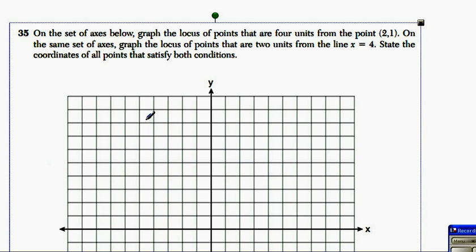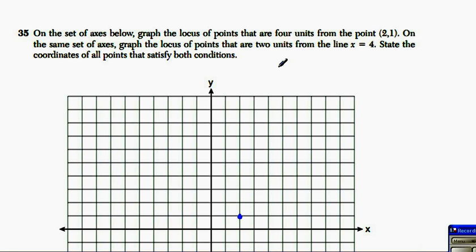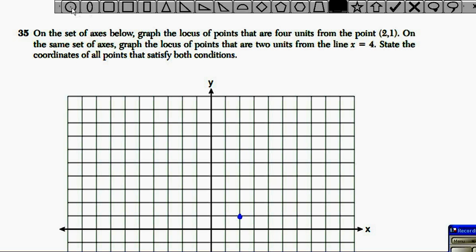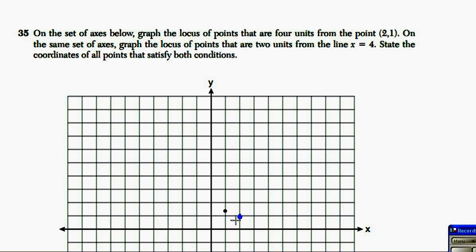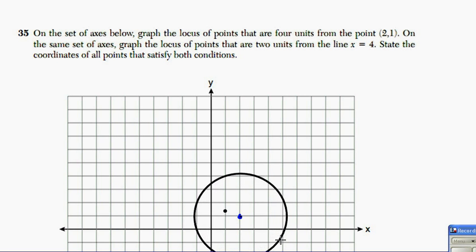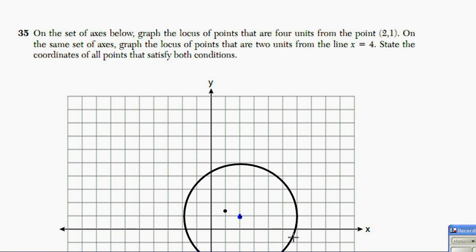Now, locus of points that are 4 units away from 2, 1. 2, 1 is right over here. 4 units away, essentially we're talking about a circle, about 4 units away right here.